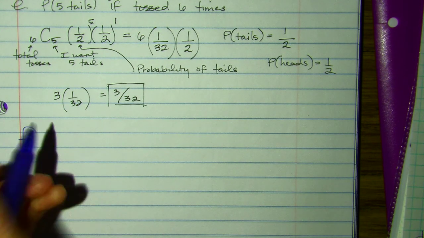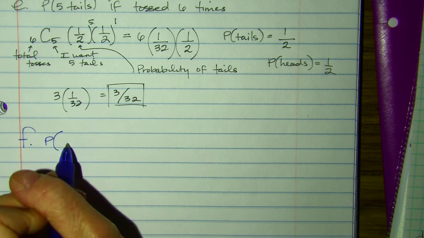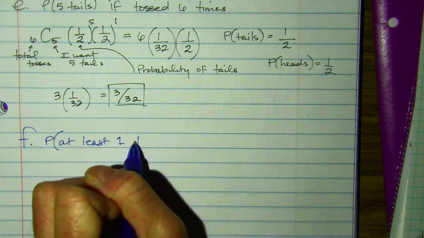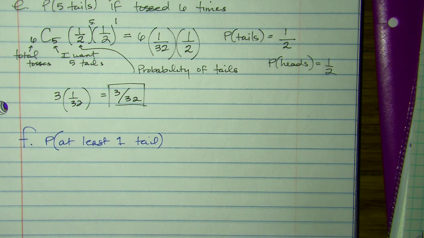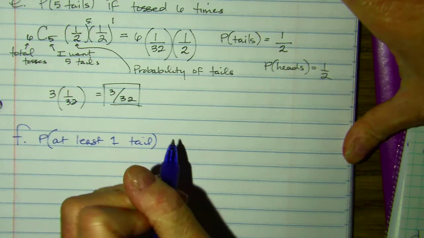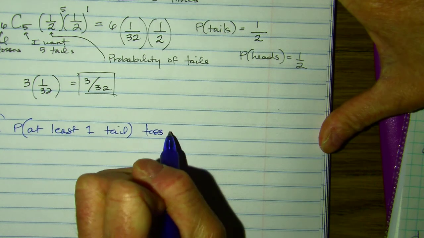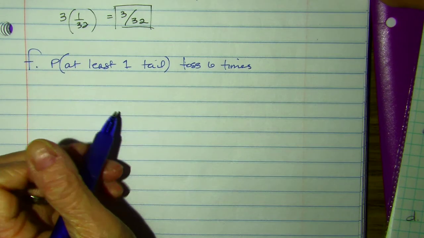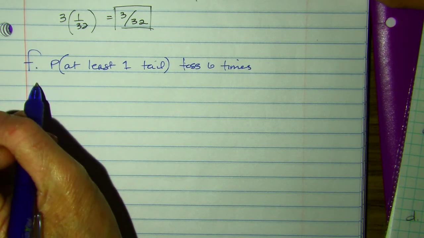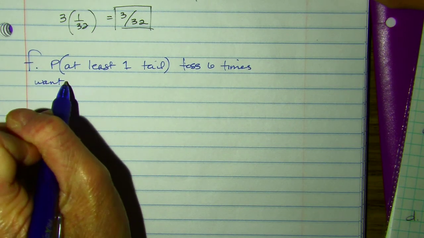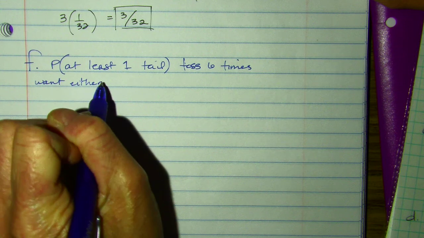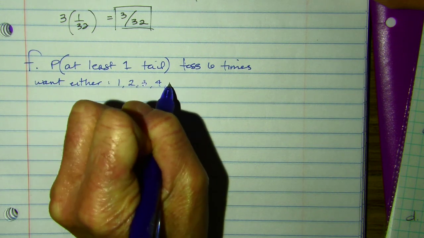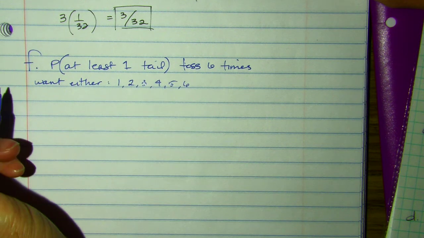What's the probability of getting at least 1 tail if I still toss it 6 times? Now, when it says at least 1 tail, that means I want either 1, 2, 3, 4, 5, 6.